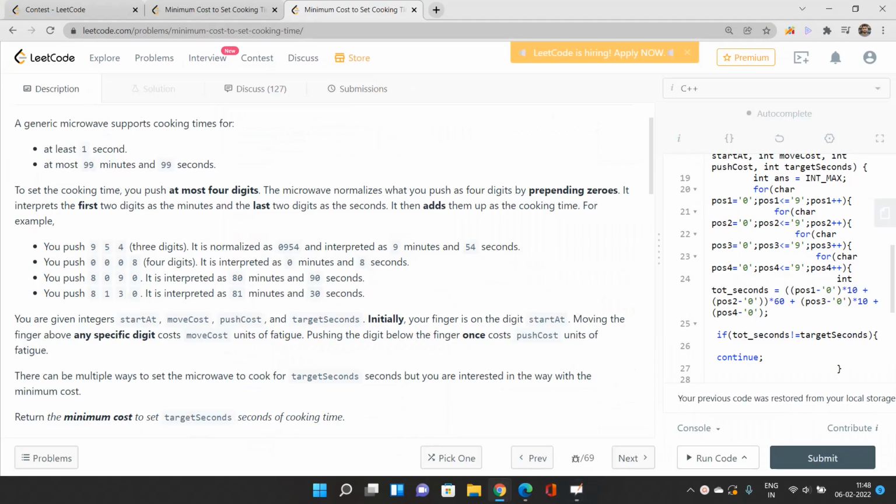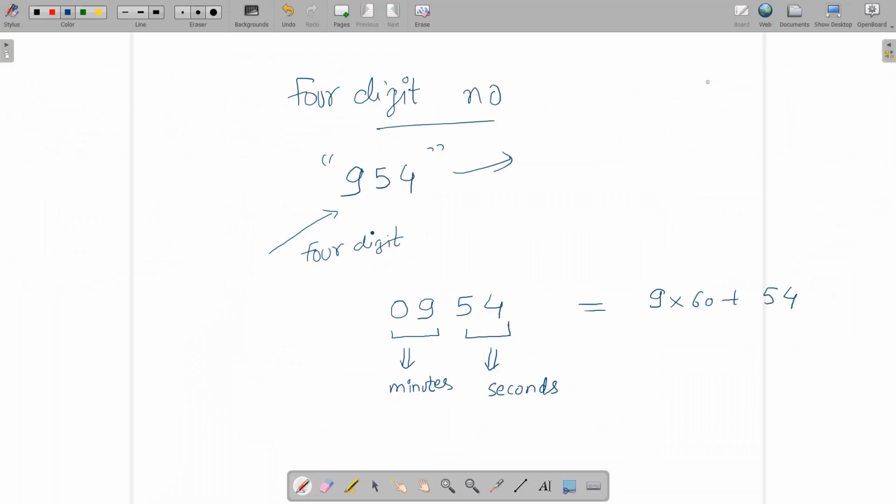Suppose we have another string, 8, delivered to the microwave. The microwave is going to prepend the leading zeros and make it a 4 digit number, extract the first 2 digits as minutes, and the last 2 digits as seconds. So the minutes this string corresponds to is 0 into 60 plus 8. 08 is actually 8, so it will be 8 seconds.